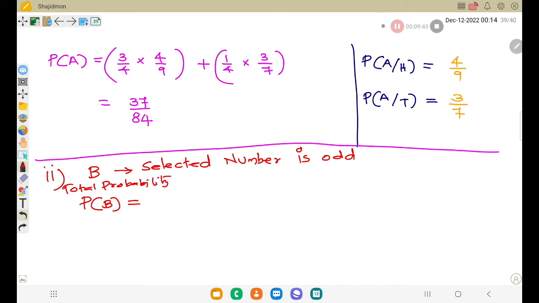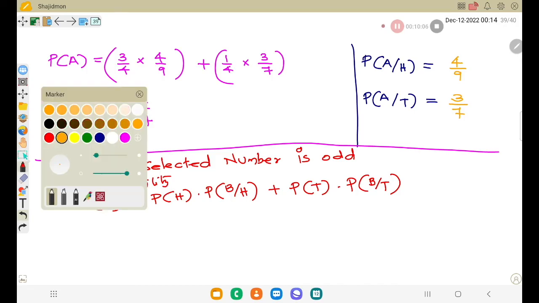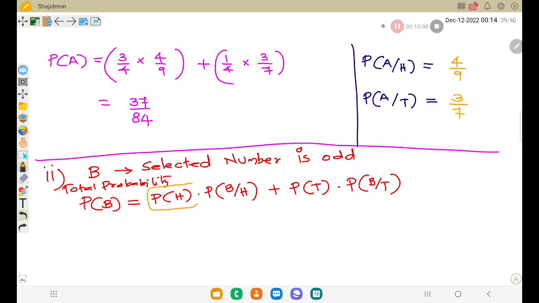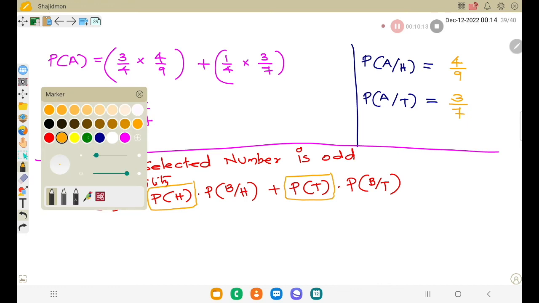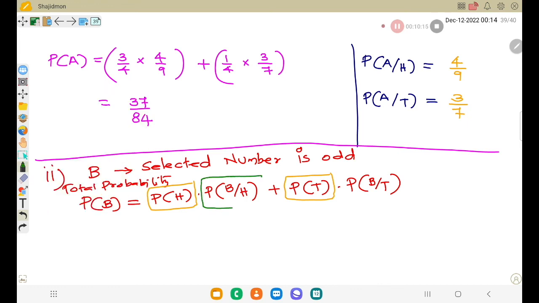Probability of B: you can write probability of the first partition H multiplied by probability of B given H, plus probability of the second partition tail multiplied by probability of B given tail, correct? Now check these numbers one by one. We already know the probability of H and the probability of tail. We just need to calculate probability of B given H and probability of B given T.